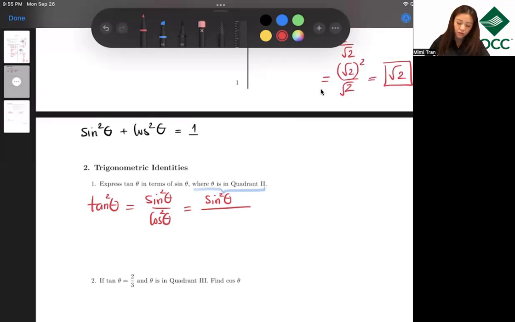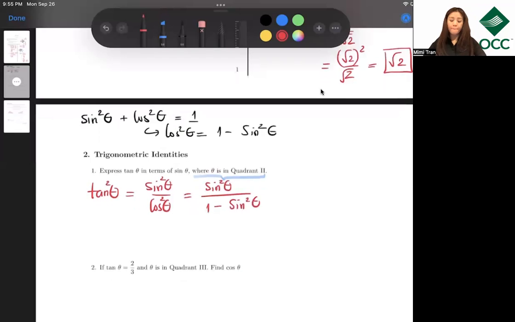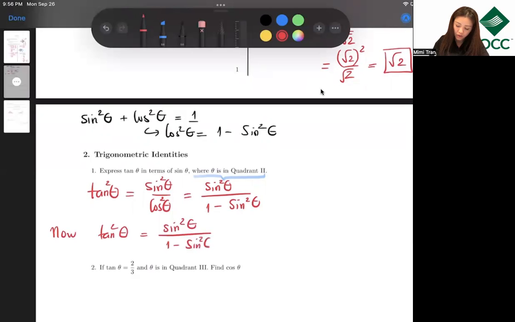If you solve for cosine squared theta, it equals 1 minus sine squared theta. So the denominator is replaced with 1 minus sine squared theta. Let me rewrite this neatly. So tangent squared theta equals sine squared theta over 1 minus sine squared theta.